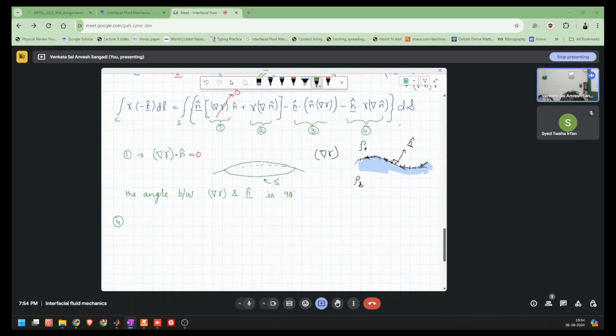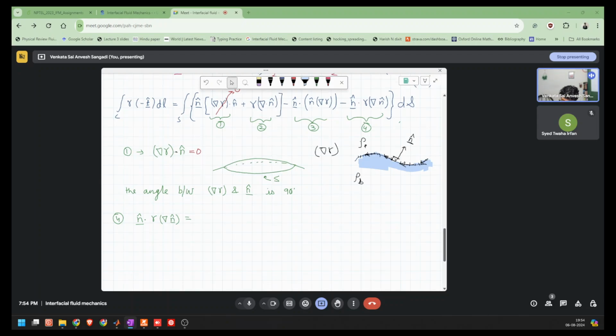This is the term. I'll just rewrite it as it is: n hat dot gamma grad of grad of n cap.